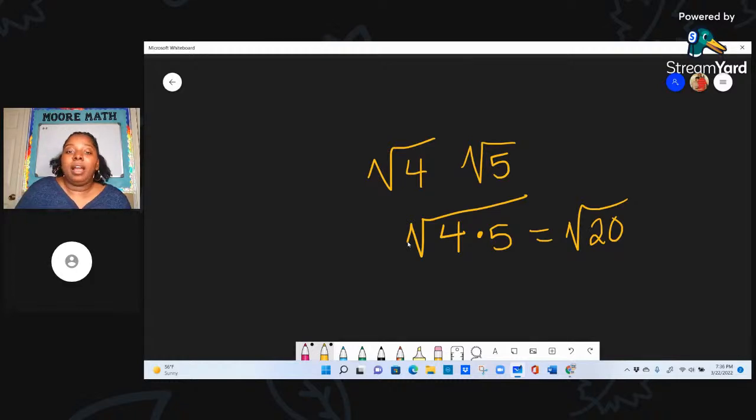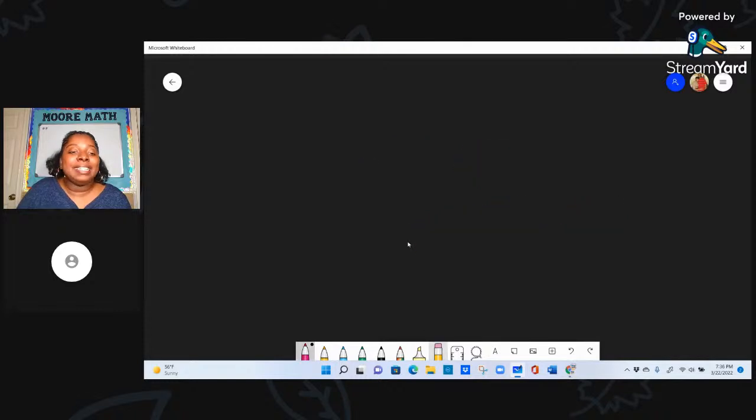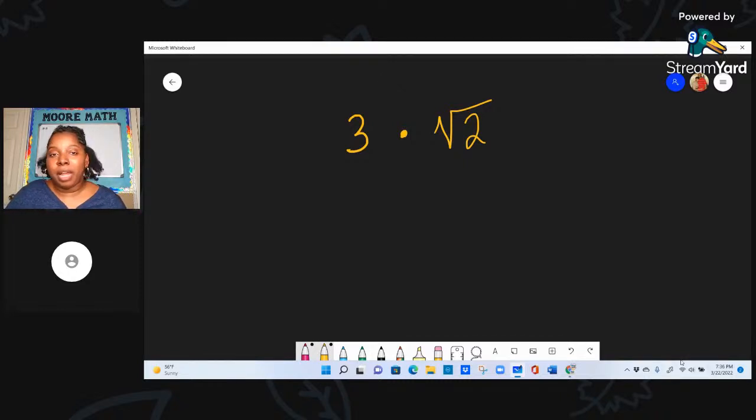That's it. But what about if we have a number that does not have a radical? So we have 3 times the square root of 2. I teach my students side by side, we multiply. The only thing that we can combine is if there was another radical.